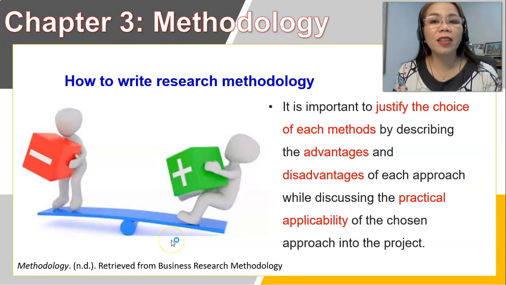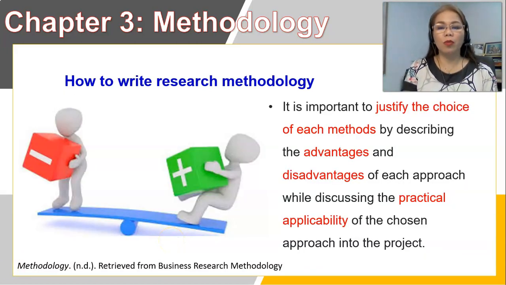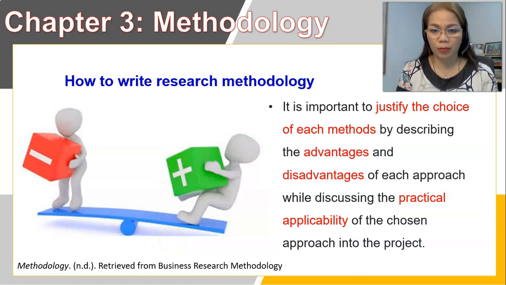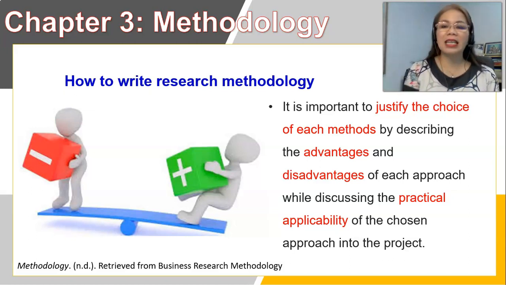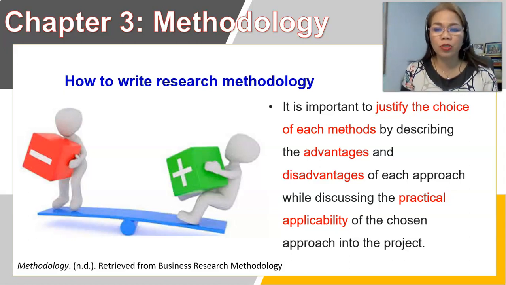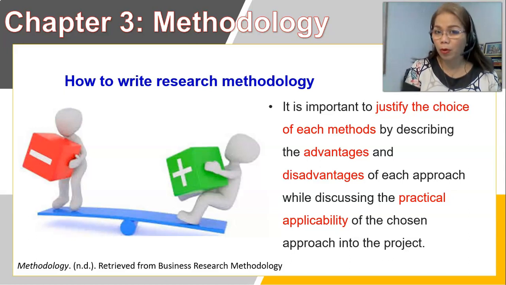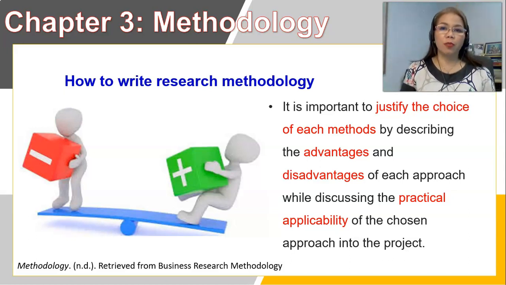Now, here's another tip that I want you to remember when you write your methodology chapter. Friends, it is important to justify the choice of each method by describing the advantages and disadvantages of each approach while discussing the practical applicability of the chosen approach into your research project.